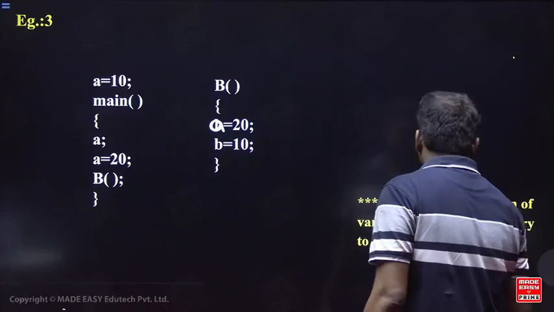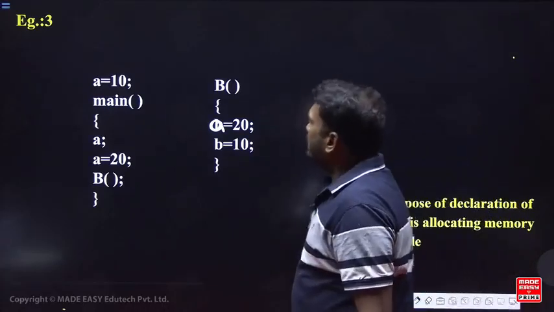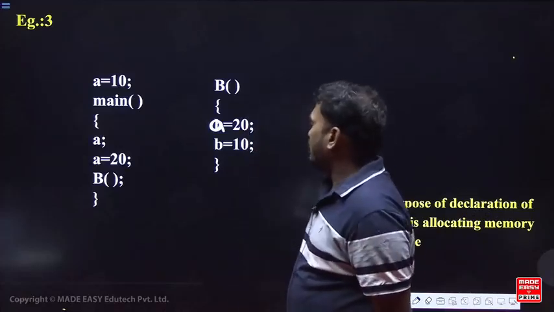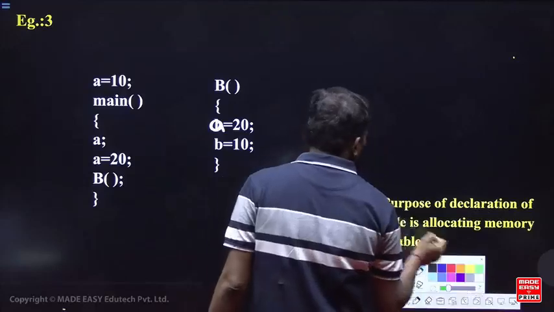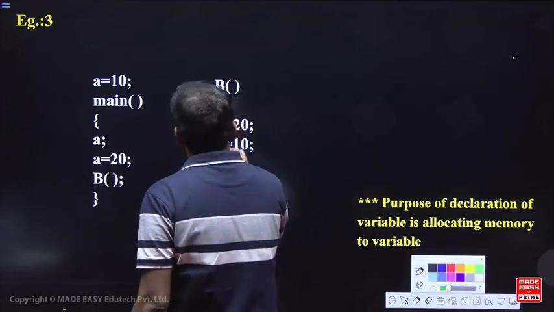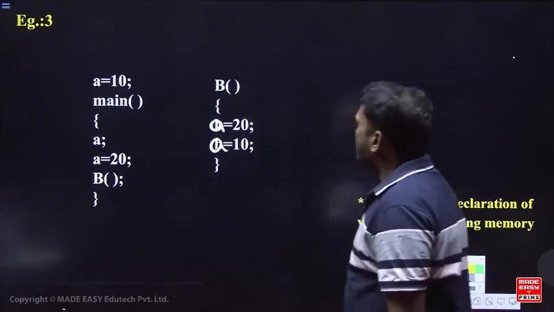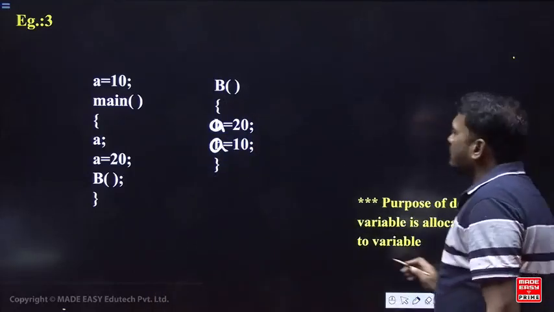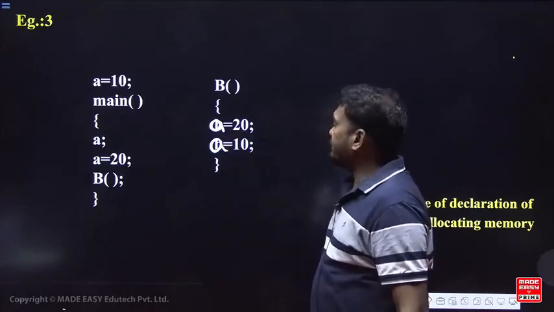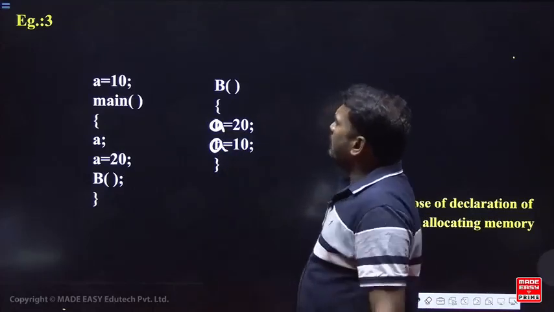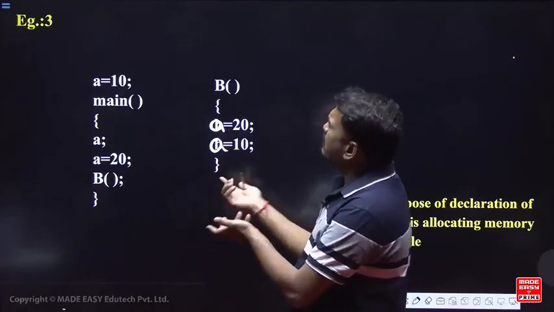Now listen here. In this program also, you need to tell me what is the declaration, what is the initialization, and what is the assignment. This changes to A, and this is also A, this is also A. If you observe this example, nowhere is it given as an integer.